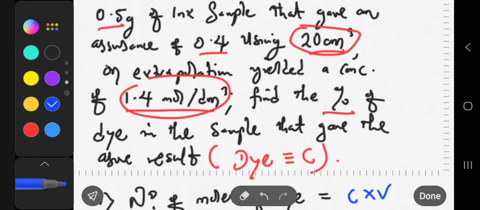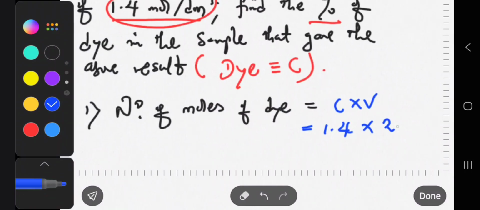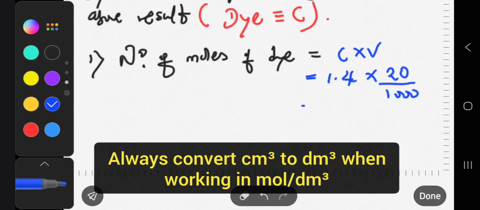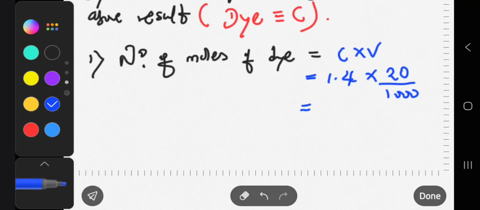The volume is 20, but I won't just be multiplying by 20. I'll be dividing the 20 by 1000, because we are working in dm cube, so we are converting cm cube to dm cube. If you do this, let me see what it gives me.